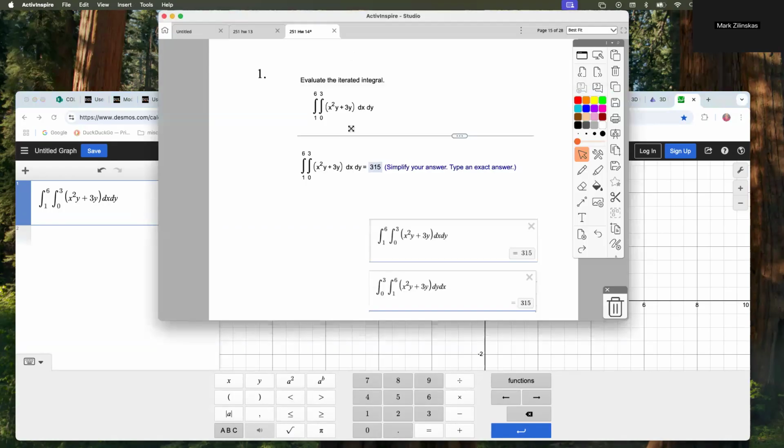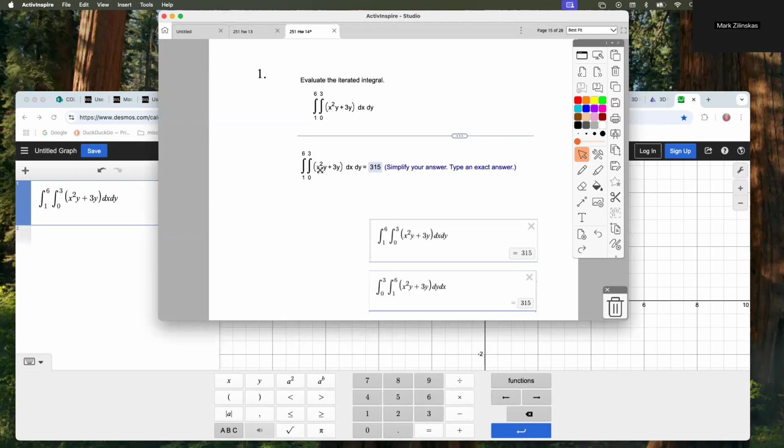Like I said, for simple ones like this, it does evaluate it. Notice if I integrated with respect to y first, I also have to put the 1 to 6 on the inside and the 0 to 3 on the outside. So again, be careful the way you key these in.